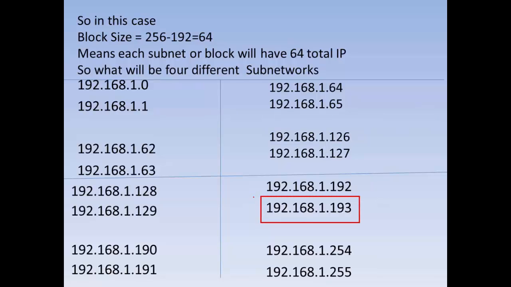I'm going to take this IP and this is the network ID. Now how does the router calculate this ID from the combination of this IP address and the subnet mask 255.255.255.192? Okay, let's do that.